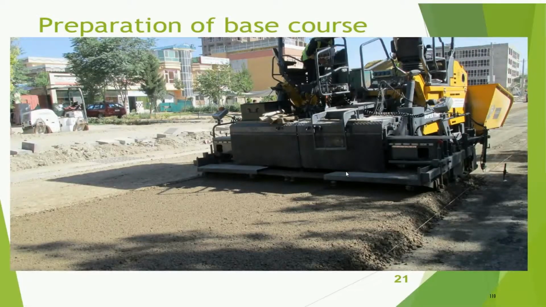Here you can see this layer is called the base layer, where we provide various types of aggregate which are mixed with cement. This aggregate is provided with some thickness, and this is the methodology for the preparation of the base course. Nowadays we are using high-profile machines for the construction of these base courses.